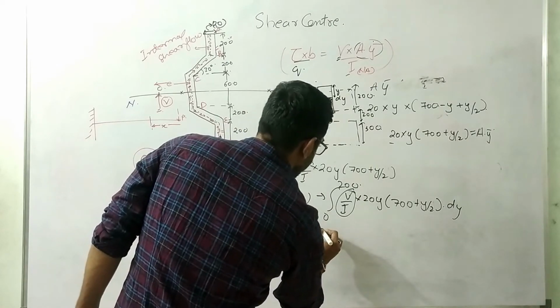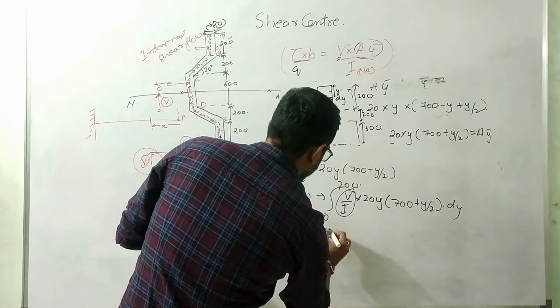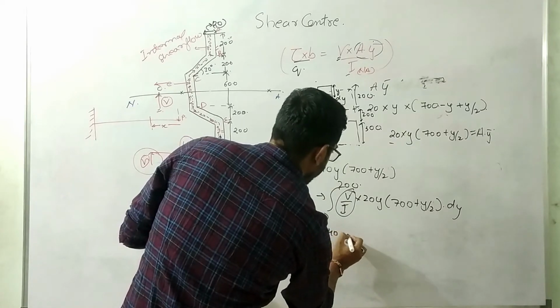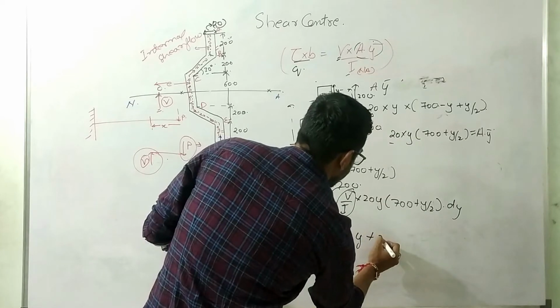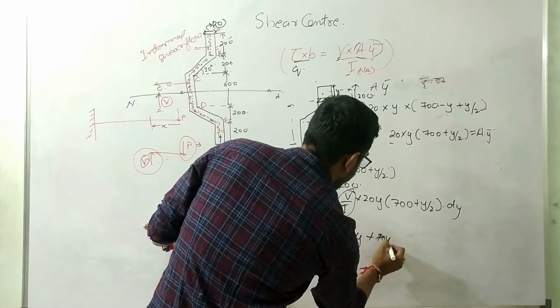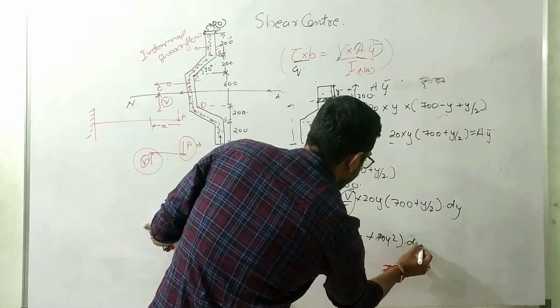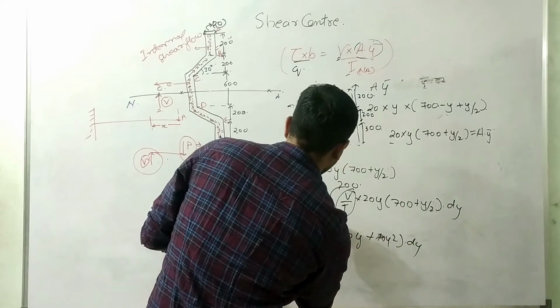Now the integration will be 14,000 y plus 10 y square into dy, limits 0 to 200.